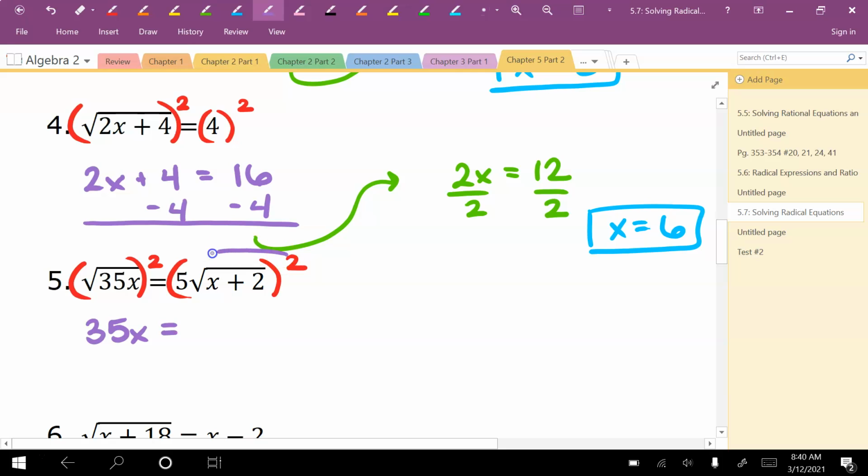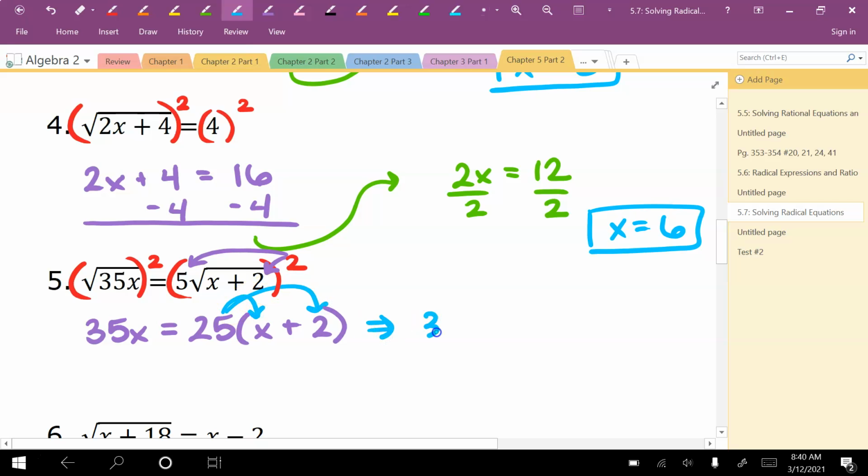So think about this 2 as being like distributed to each of those pieces. So 5 squared is going to be 25. And then you're going to have that x plus 2 come out as well. So I'm putting that in parentheses because then what I need to do is distribute it. So I need to take 25 times x and times the 2. Like that.